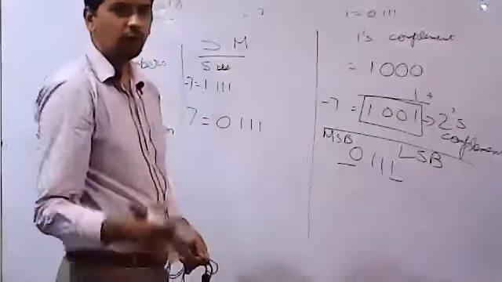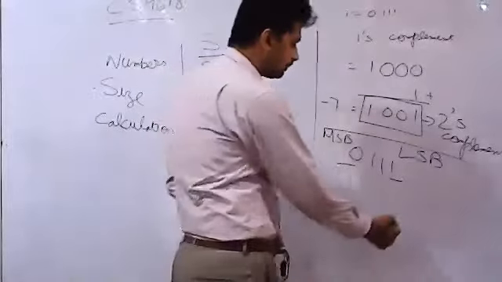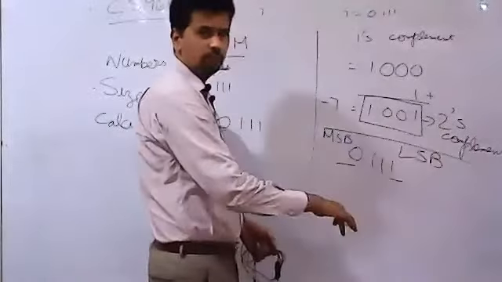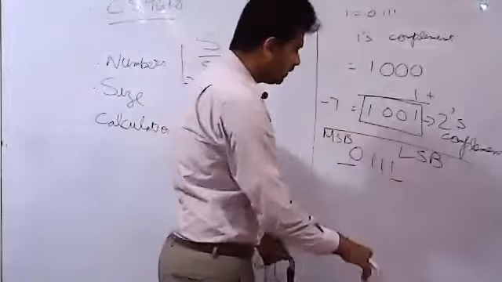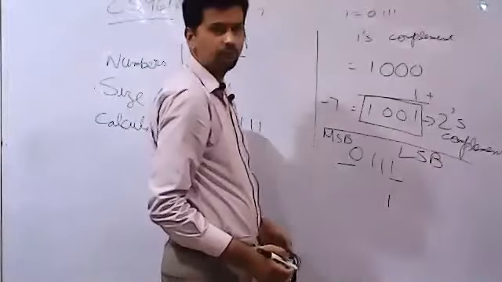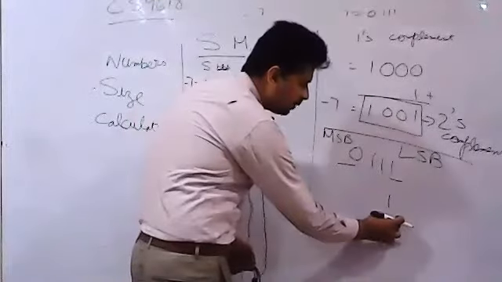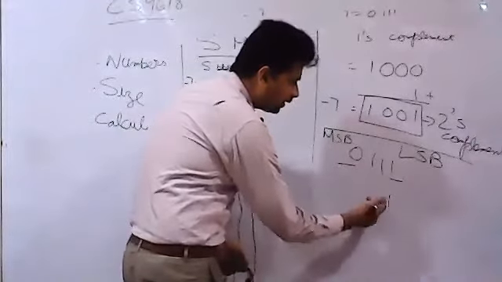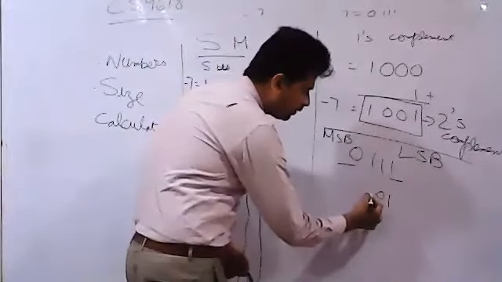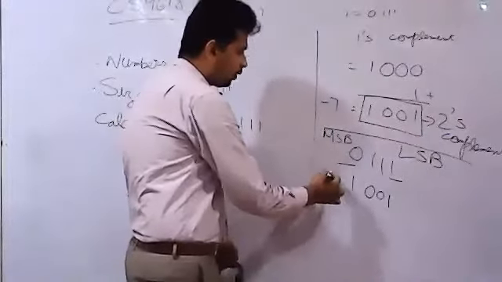So scan your value from the right side, from the LSB side, and keep the value the same till you reach the first one. I have the first one at the start. So the value will remain the same till the first one, and then I will reverse the bits. And then I would call it -7.